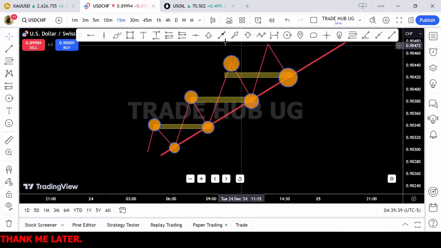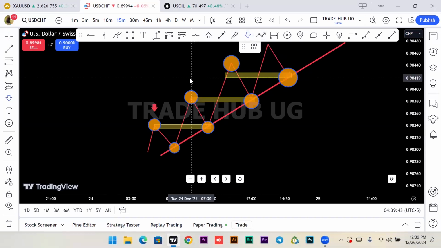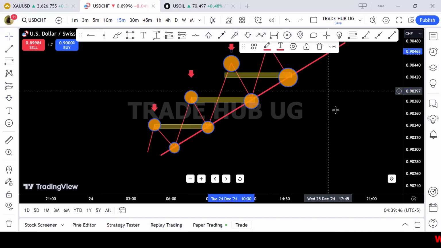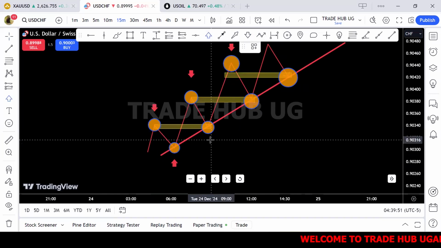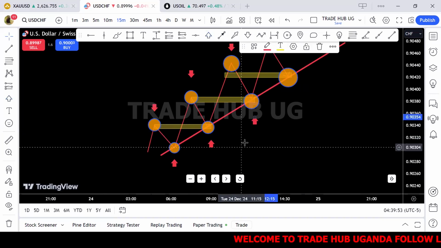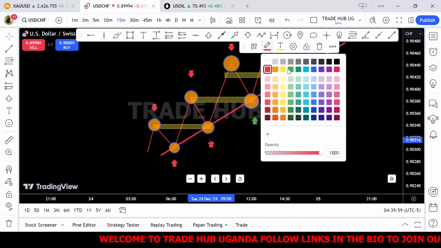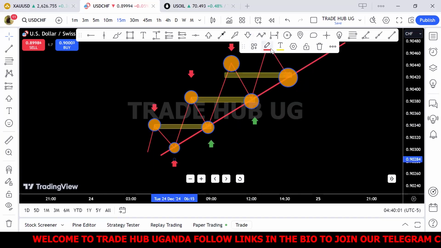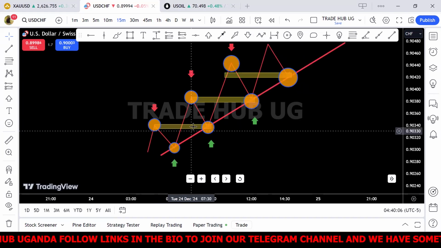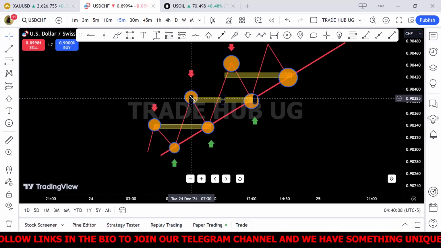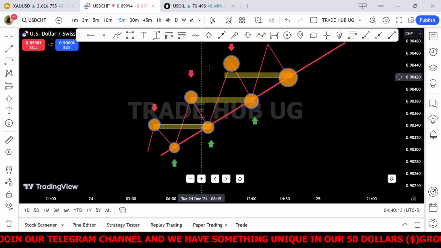Now, all your eyes should be on these highs, here, likewise here. What am I looking for? These are going to be my entries, these highs.